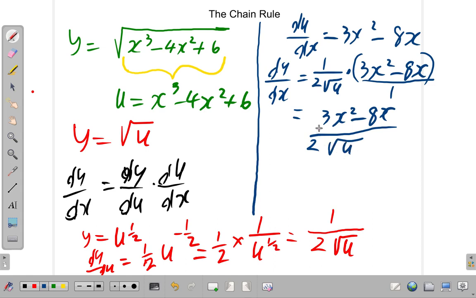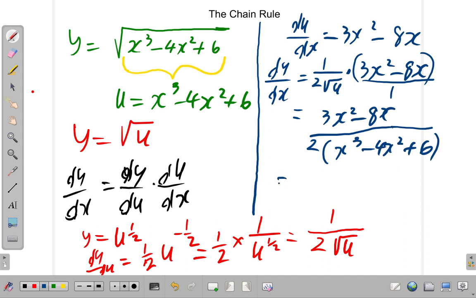But what was u again? u was x cubed minus 4x squared plus 6. So let's write it. It is 2 times x cubed minus 4x squared plus 6. Alright? So you have that.